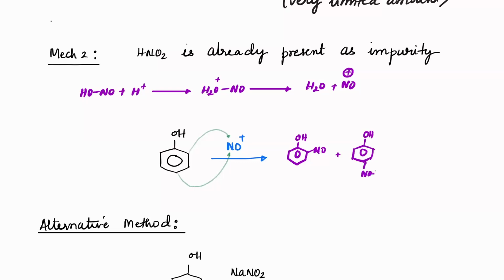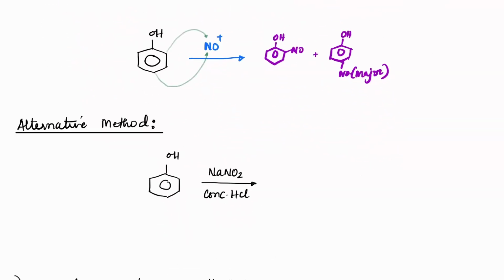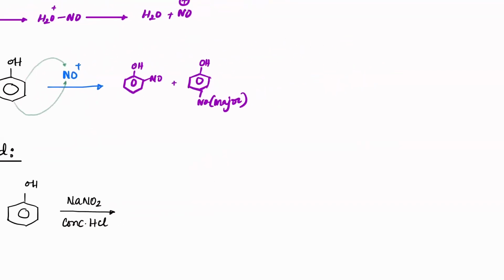The major product is para. Okay. But is this the product that you will get? Actually, no. Why? Because once you get this NO here, it will not stop here. Instead, because you continue in dilute HNO3, and dilute HNO3 is a mild oxidizing agent, it will oxidize the nitroso into NO2.